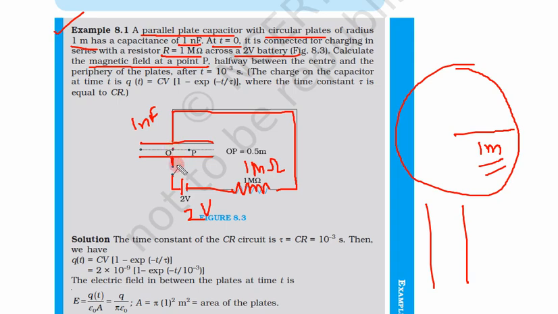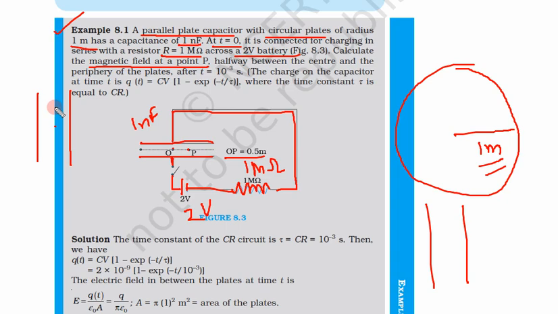This is the center of this parallel plate capacitor, and point P is such that OP is equal to 0.5 meter. That means point P is inside the parallel plate capacitor. This is our parallel plate capacitor, and this is the center, the center point between the plates.